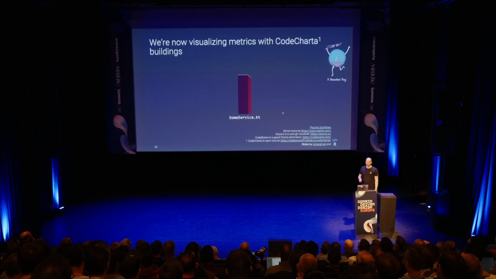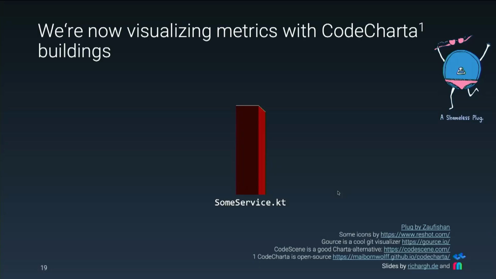Now, further patterns. For that, I'm going to be plugging something very shamelessly. I think it's okay because it's open source. You can fork it if you want to. But we are going to be visualizing metrics with Codecarte buildings. So imagine you have a file, some service, and you visualize it as a building.